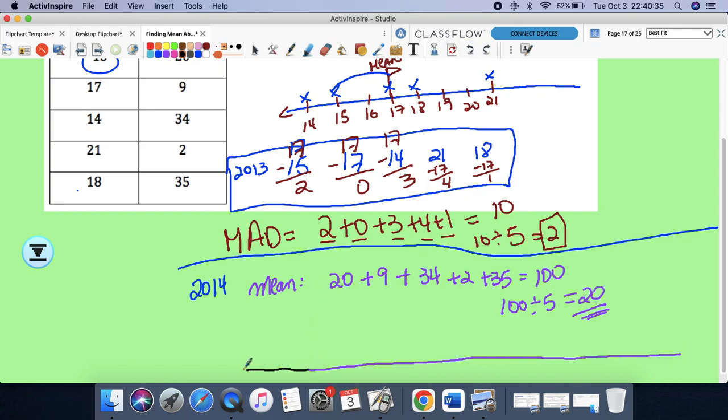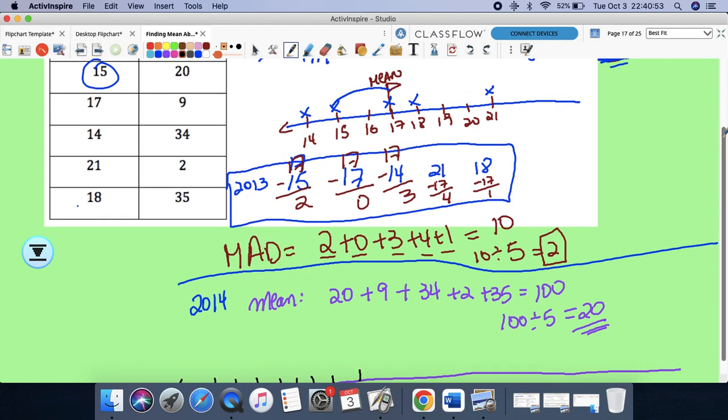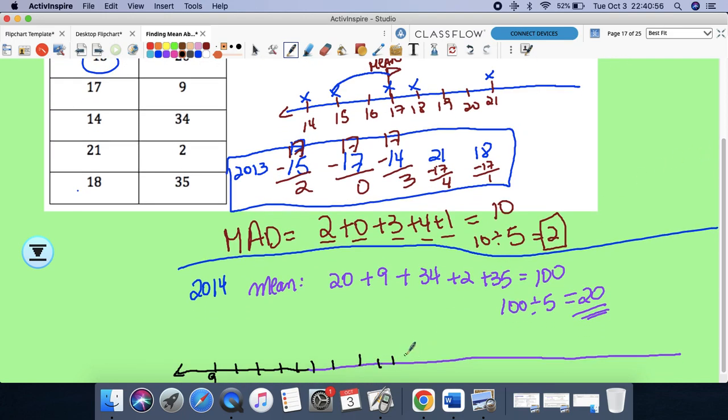So we have 9, 10, 11, 12, 13, 14, 15, 16, 17, 18, 19, 20. So here's a 9, here's a 20. Now we need a 34. 21, 22, 23, 24, 25, 26, 27, 28, 29, 30, 31, 32, 33, 34.